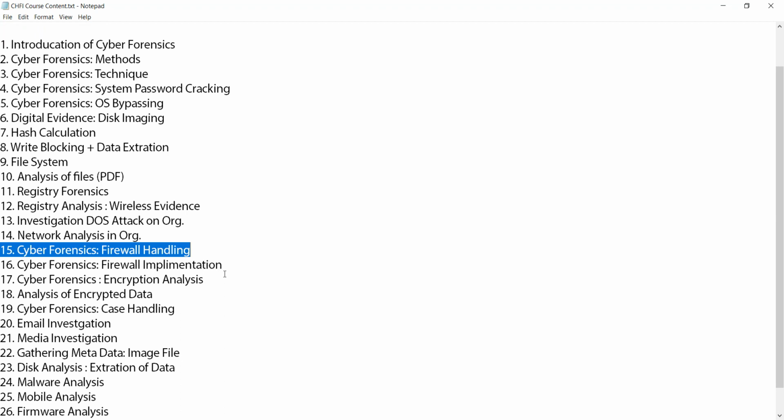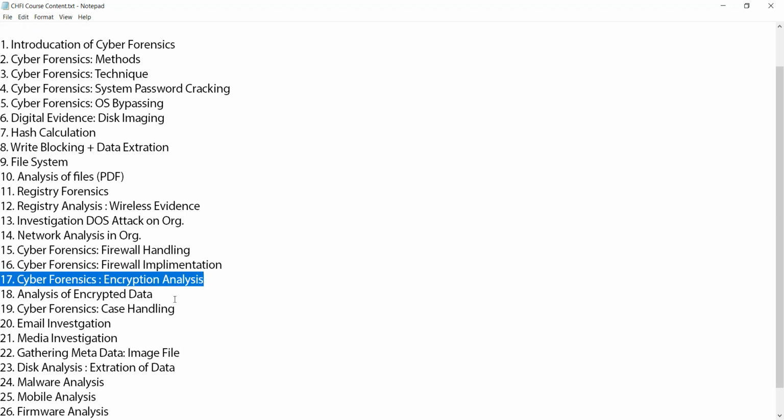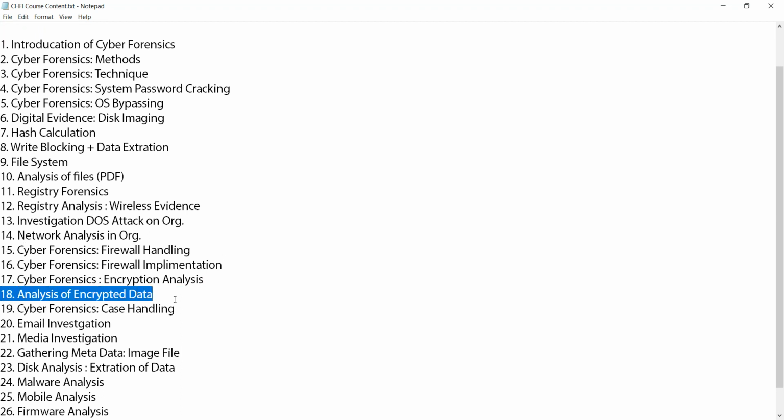Now, the next thing is encryption analysis and analysis of encrypted data. This is again a type of analysis done by the cyber investigator, because sometimes the cyber criminal sends data using an encryption procedure. In that case, firstly you need to understand what types of encryption we have and how many types there are.